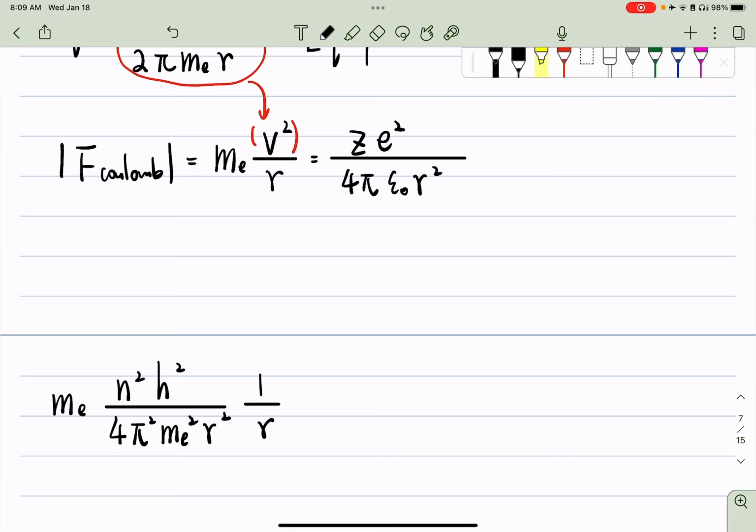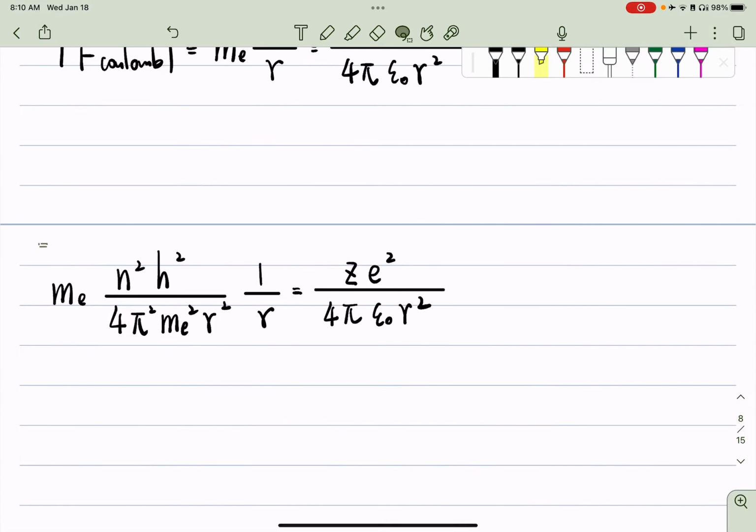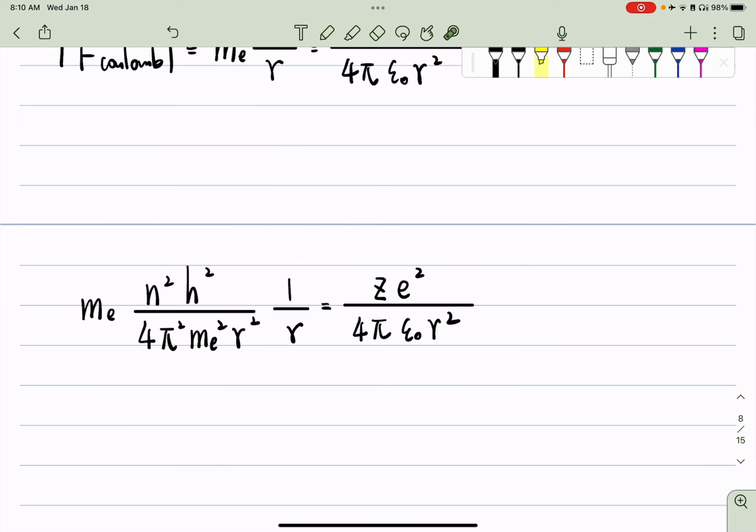That's the left-hand side of the equation. On the right-hand side, we have Z times e squared over 4 pi epsilon naught r squared. All right, so nothing fancy. We're just rewriting the terms here.